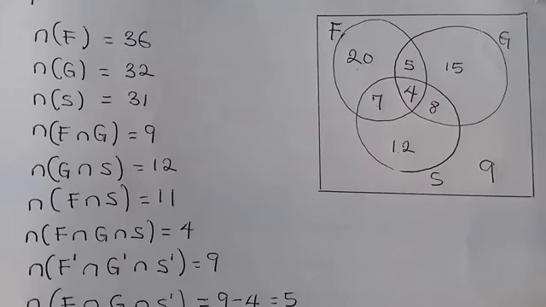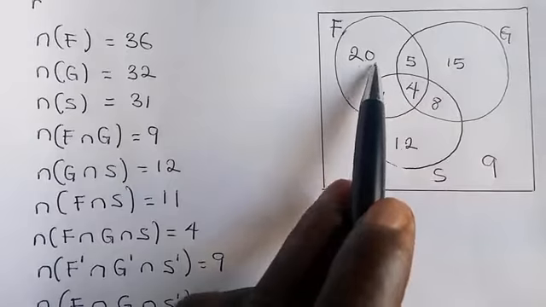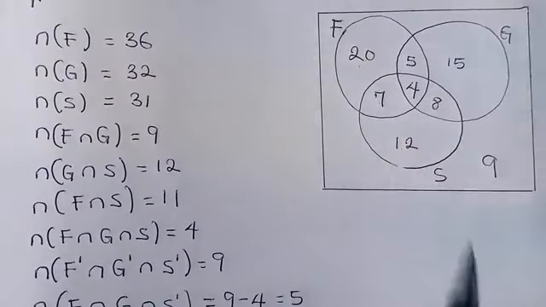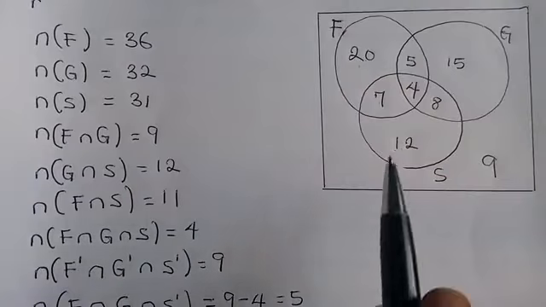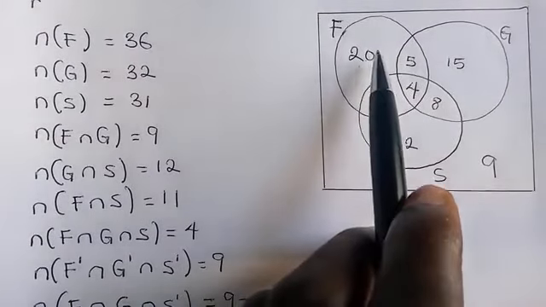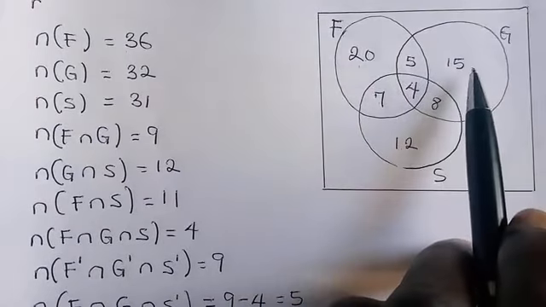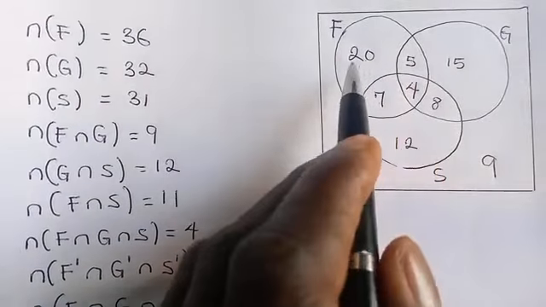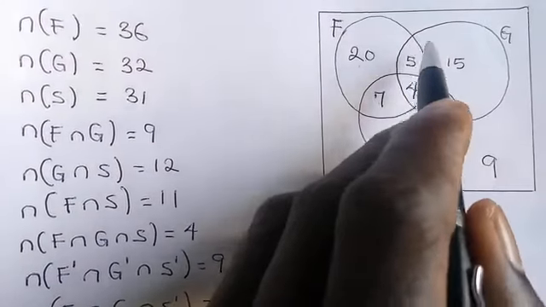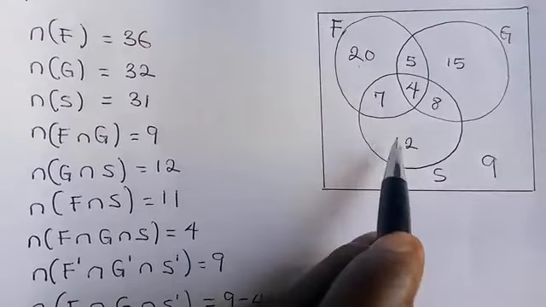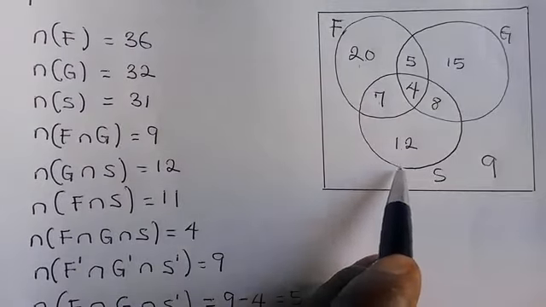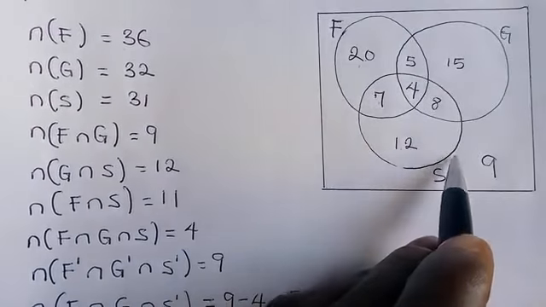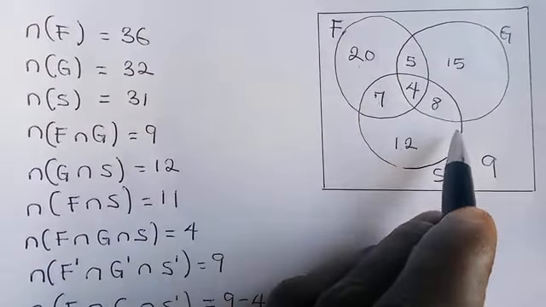French or German includes the union between French and German. And union of sets includes all the data in a particular subset and that of the other. But since we are told French or German but not Spanish, even though French and German overlap here and we are free to take this data, because of that second part, and not Spanish, we are going to trace this oval shape for Spanish and exclude all the data here.